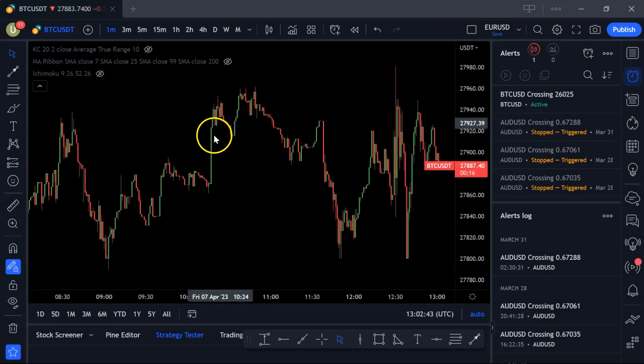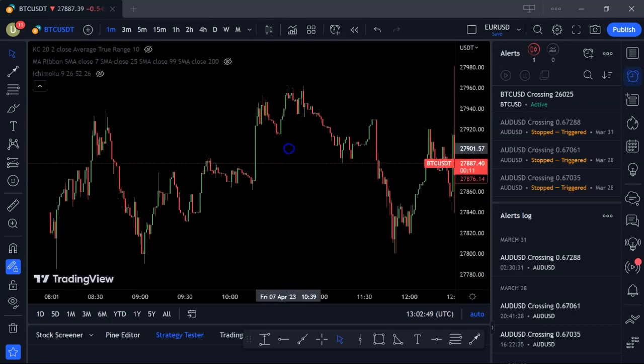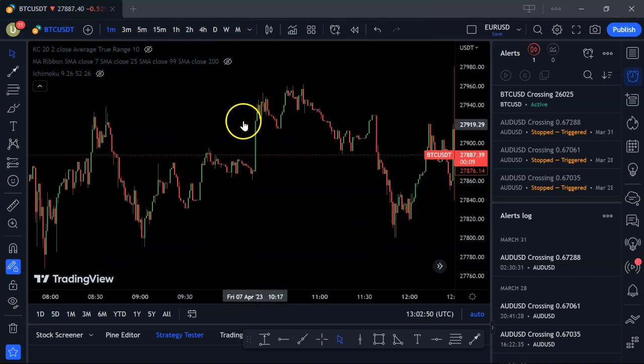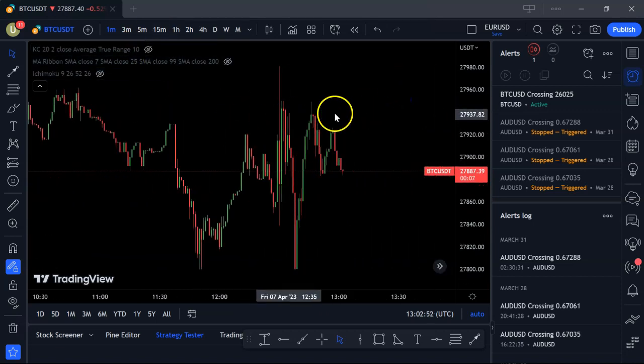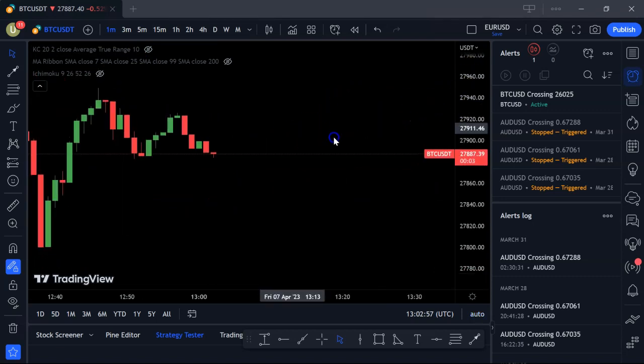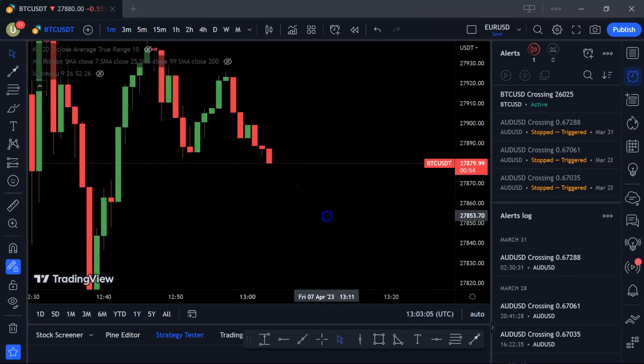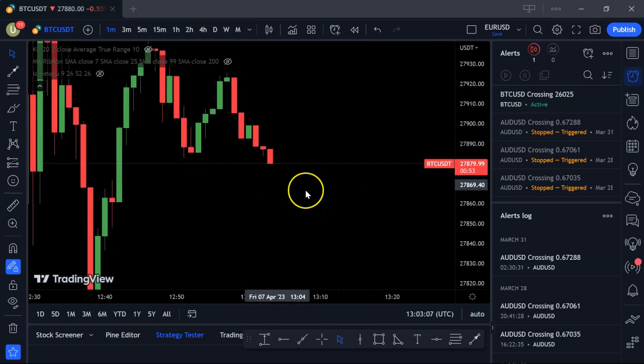Sometimes when you don't pay for your premium, they would not show you data. But this is 1 minute. Since I'm in the 1 minute time frame, every 1 minute a candle forms. So you see that the market is going down, right?